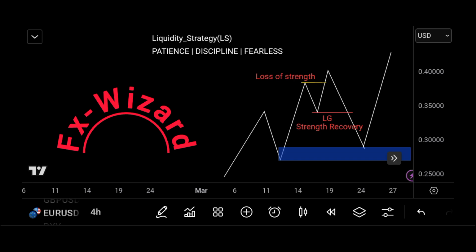LS consists of 4 different types of strategy. One is continuation strategy, 2 is strength recovery strategy, 3 is a reversal strategy, and 4 is retracement strategy. Today I'll be teaching you the strength recovery strategy, or loss of strength recovery strategy, as you can see on the screen here. So without wasting much of your time, let's get started.